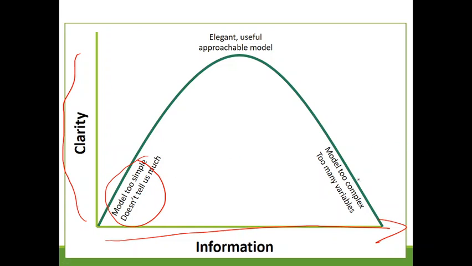On the opposite end, if you have a model that is super complex, there's too many variables. You have a lot of information, but it's not very clear because there's just too much stuff going on. What we want to do is hit this sweet spot, somewhere where the model has a decent amount of information that allows us to compare to nature and see what's going on, but still has some use to it.